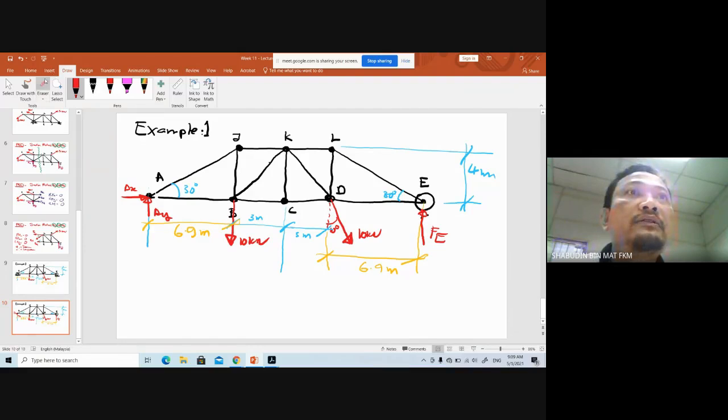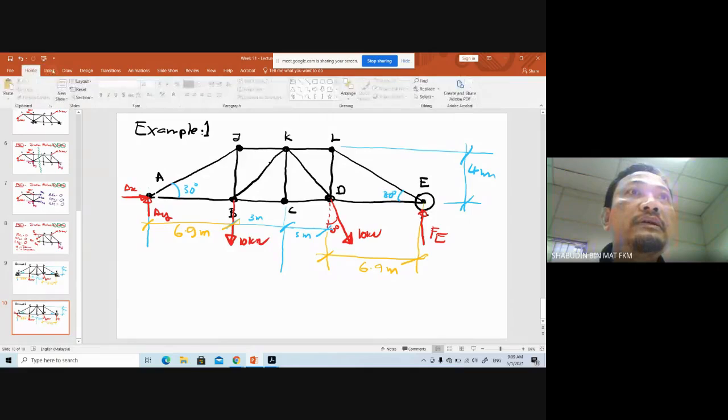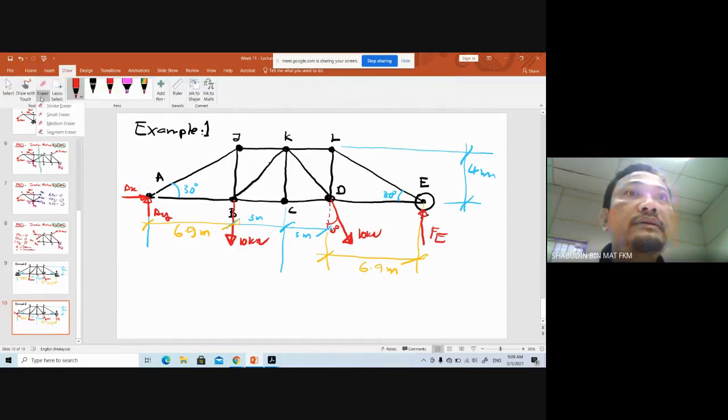File, home, draw, erase. This is the overall free body diagram.